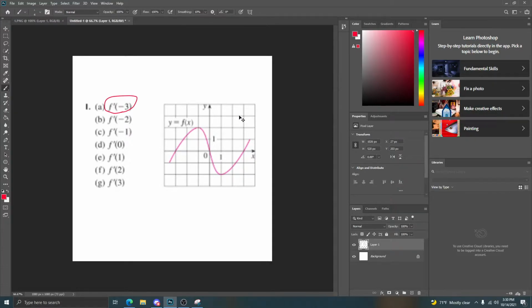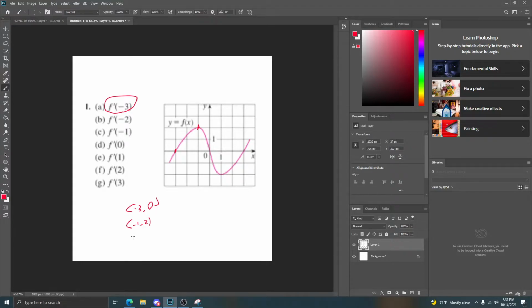And so originally I was confused because it gives us points, right? And so we have a point here at -3, 0, and we have a point here at -1, 2.